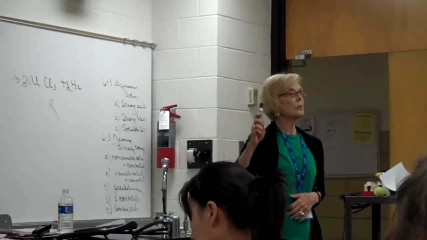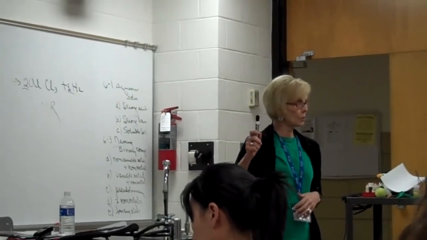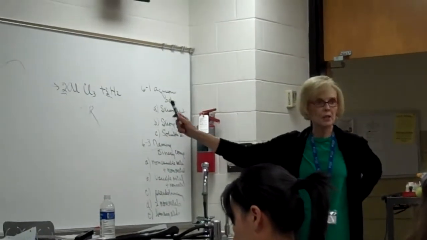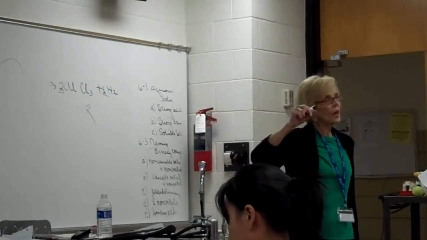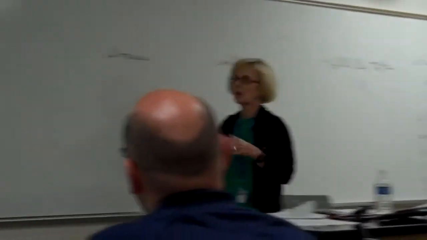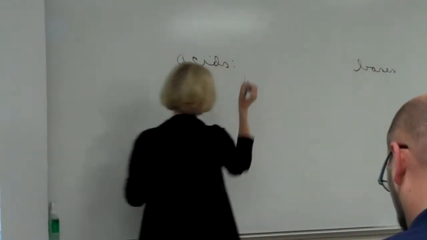But here, to simplify your lives in general chemistry, almost exclusively we deal with acids, bases, and salts. Occasionally something else slips in, but it's these three things. Now, how do we define an acid?